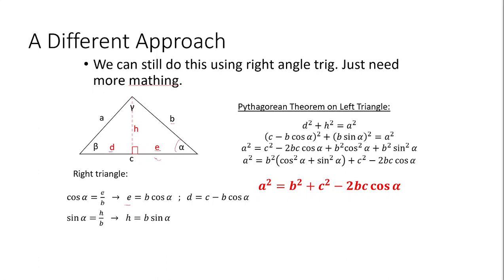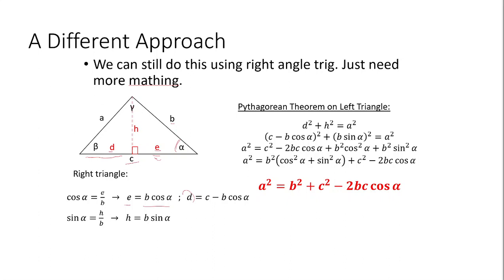If we solve that for e, we get this. If we do this over here, we know what d is equal to, right? It's c minus e, right? So d is the remainder of when you subtract e from the entire side length c.